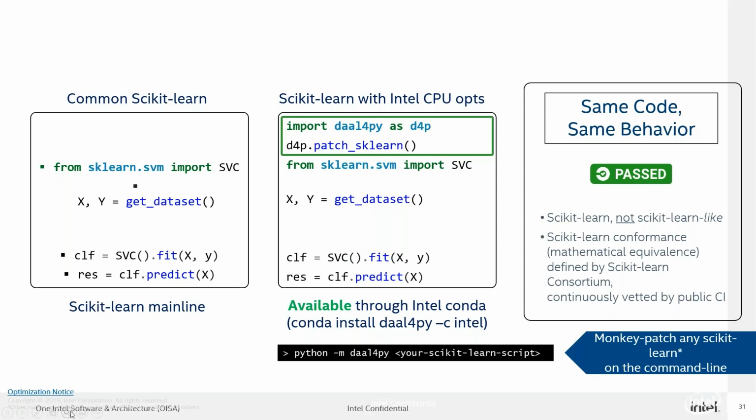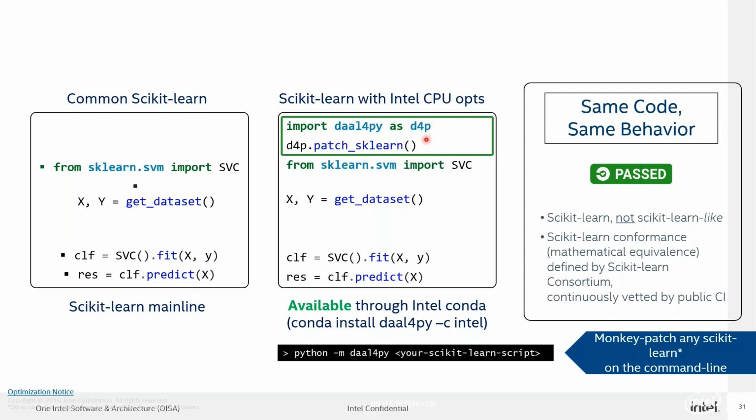So for the left side, if you have this scikit-learn source code, then if you install the Intel optimized version of scikit-learn, or if you install this DAAL4Py, then there are two methods that you can use to activate our optimization.